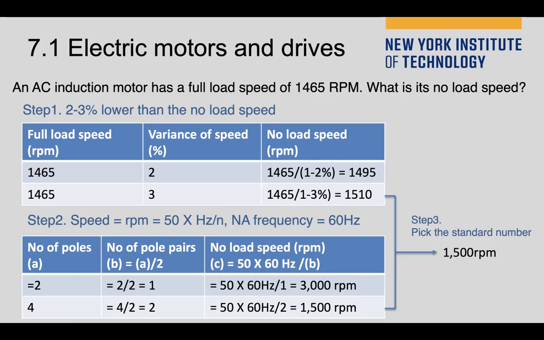So combining these two ideas, you know the range of the no load speed is from 1,495 to 1,510. The other option, 3,000, is too far away from the range, so we can eliminate it. The remaining one is 1,500, which is also in the range between these two numbers. So we pick the standard number, 1,500 RPM. Okay? So any question on this?